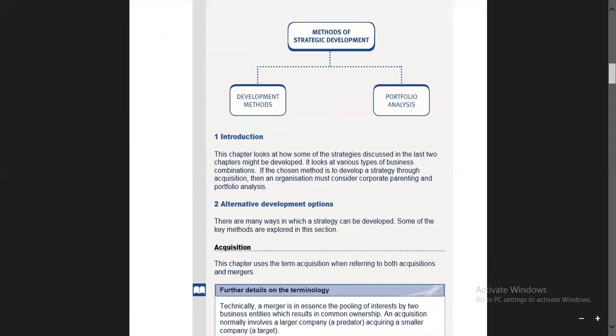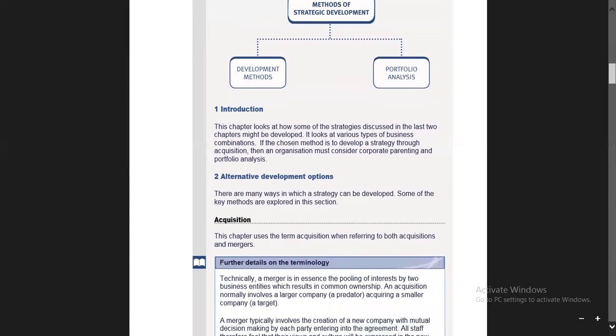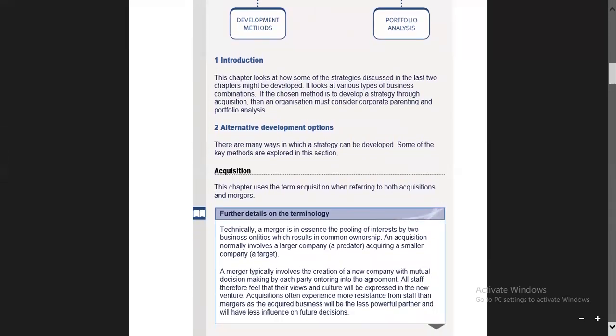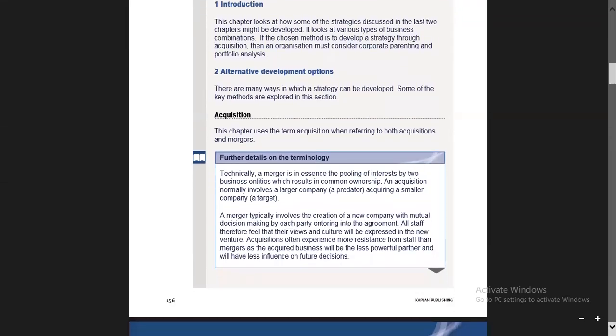The first method which we are going to discuss today is acquisition. What is acquisition? The word arises from acquire. There are two types of companies. One is the parent company and the other is the subsidiary company. The parent company acquires the subsidiary company, in which it possesses more than 50% of the share.